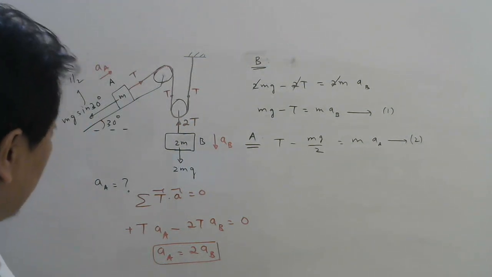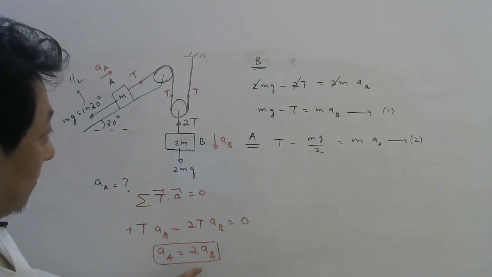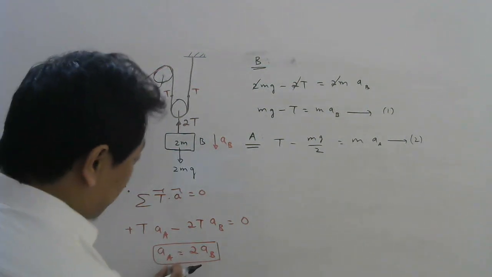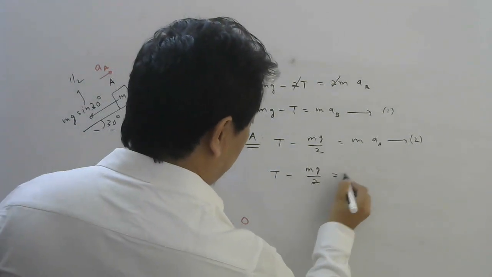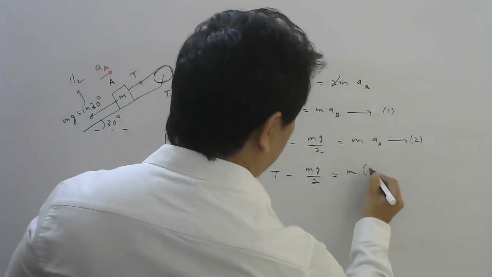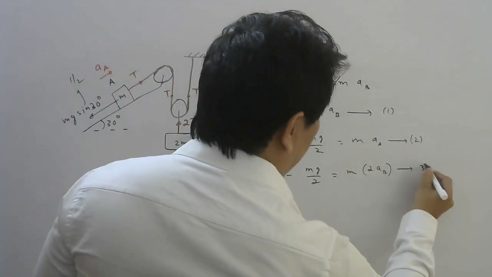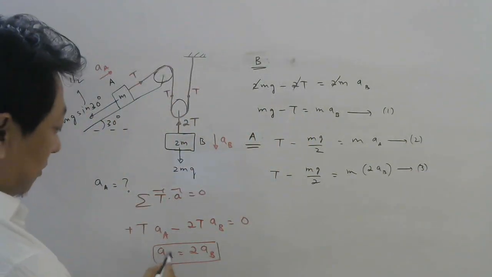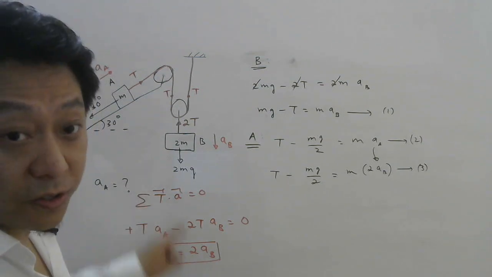Now remember, we want acceleration of A, so we will substitute for acceleration of A in terms of acceleration of B. So T minus mg by 2 will be m into 2 into AB. Let us call this equation 3, for which we used the constraint relation.